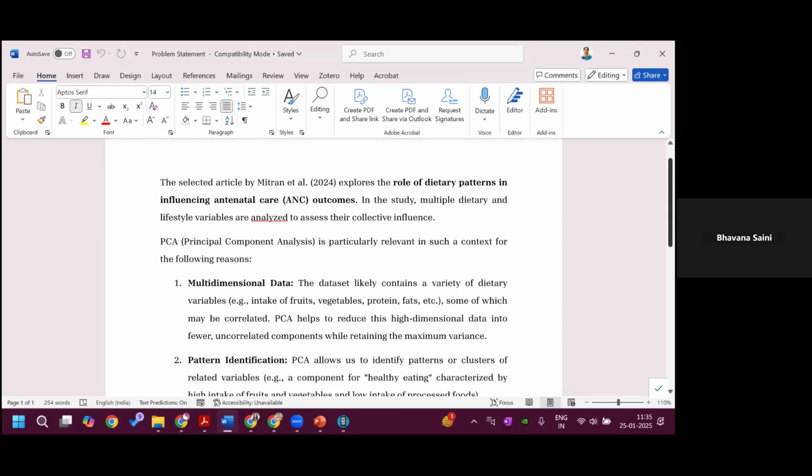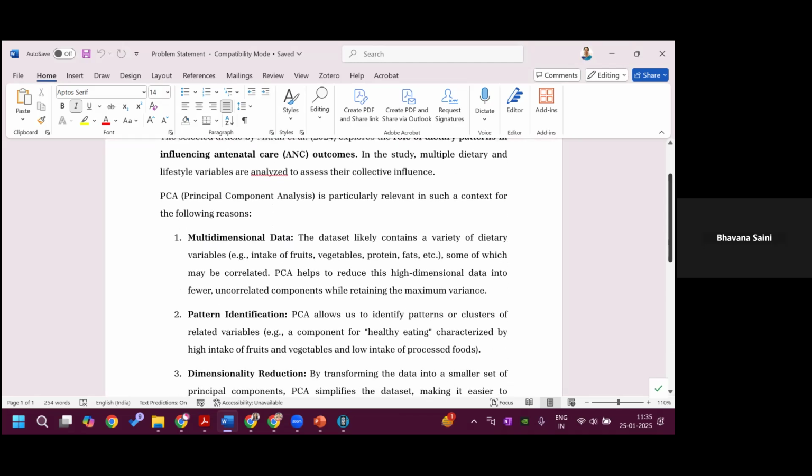First is multidimensional data. The dataset likely contains a variety of dietary variables, for say intake of fruits, vegetables, protein, fats, etc., some of which may be correlated. PCA helps to reduce this high dimensional data into fewer uncorrelated components while retaining the maximum variance.